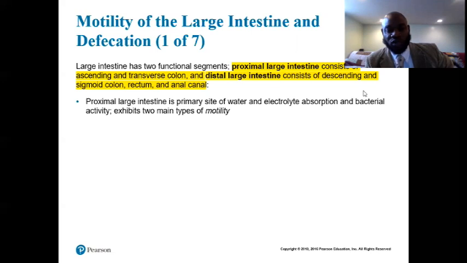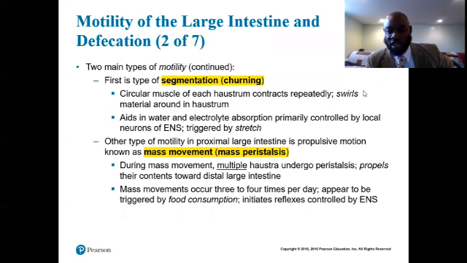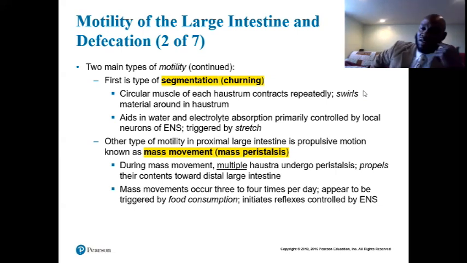And there's two different types of motility involved, right? Remember, once again, everything has to move in the right direction, continuing from the mouth, esophagus, stomach, duodenum, jejunum, ileum, cecum, to when we get to the colon and rectum and the anus.